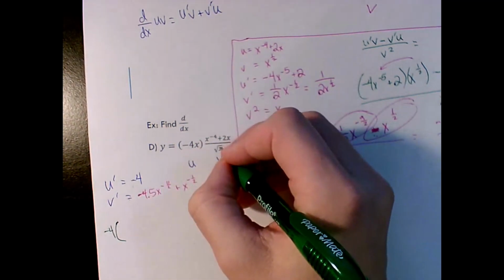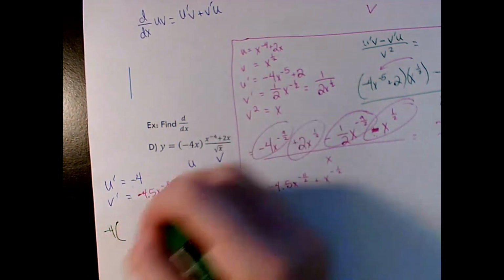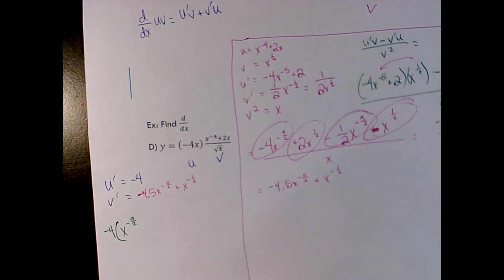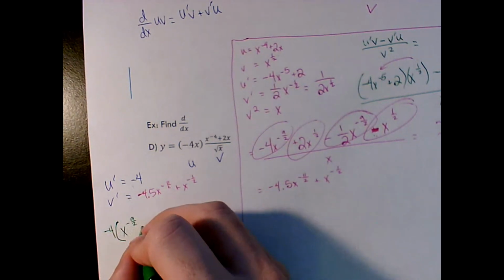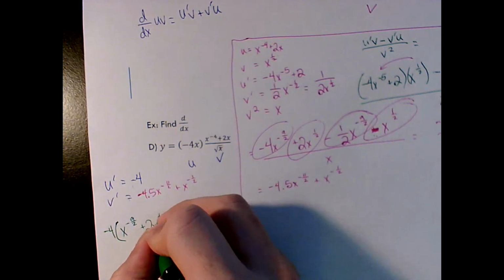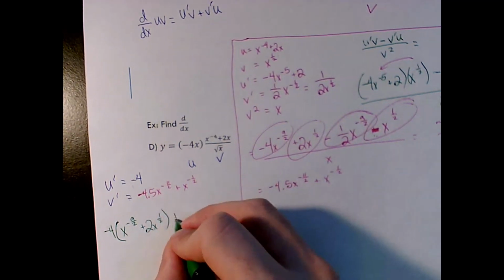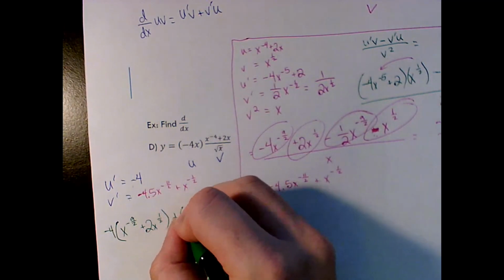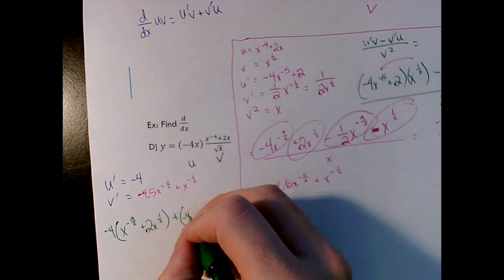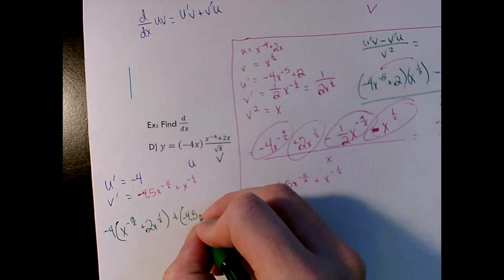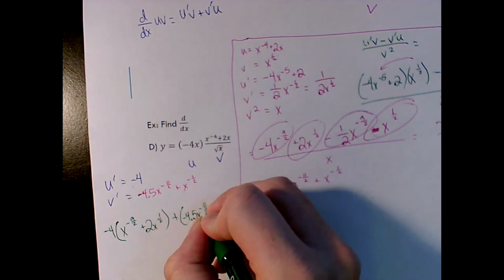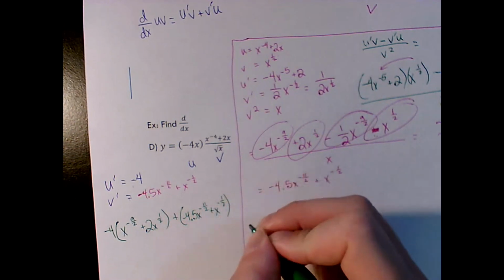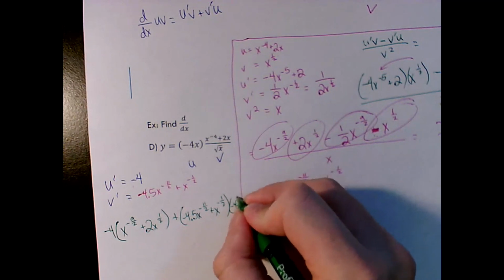Negative 4 times, yeah, I'll do it now, x to the negative 9 over 2 plus 2x to the 1/2, plus V prime, which is negative 4.5x to the negative 11 over 2 plus x to the negative 1/2, times u, which is negative 4x.